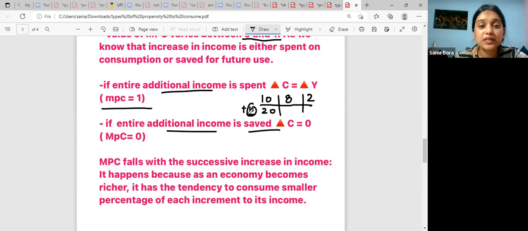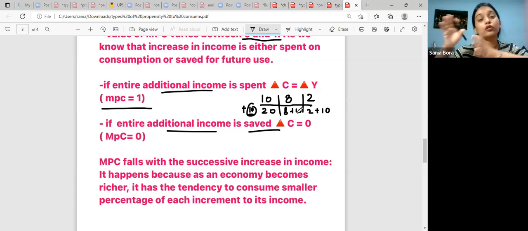With this plus 10, you can keep it like this, 8 plus 10, using your additional income on consumption. Or you can do 2 plus 10, saving the additional income which you got. So you have two choices: either you consume the entire additional income, or you save the additional income.